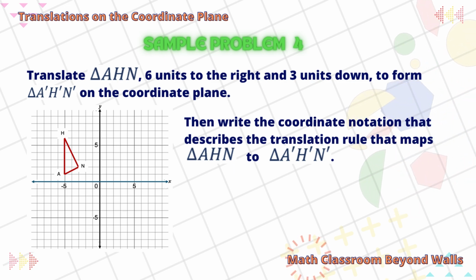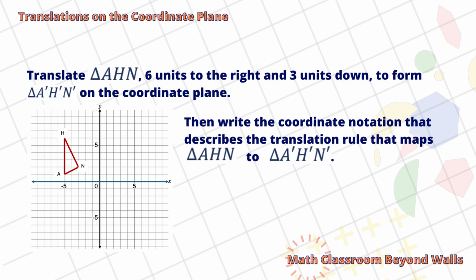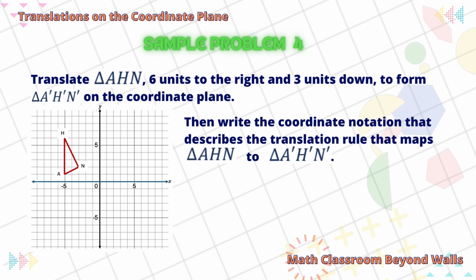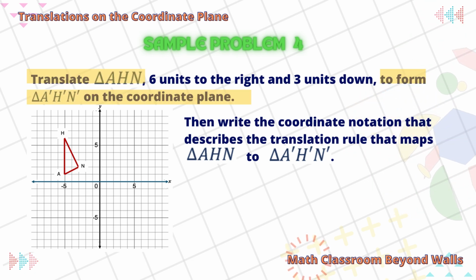As usual, we begin by reading the whole problem and may read it several times when needed to know what we are looking for, to determine what is given, and to figure out how the given information helps find what we are looking for. What are we looking for here, learners? Right, we are to determine 2 things. First, the graph of the translated image, triangle A prime, H prime, N prime on the coordinate plane.